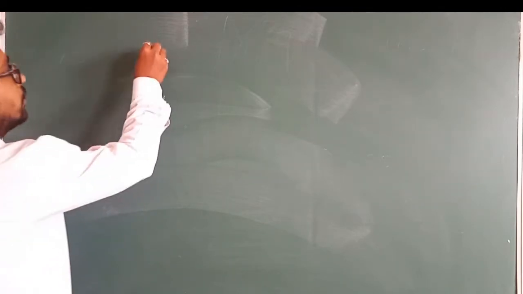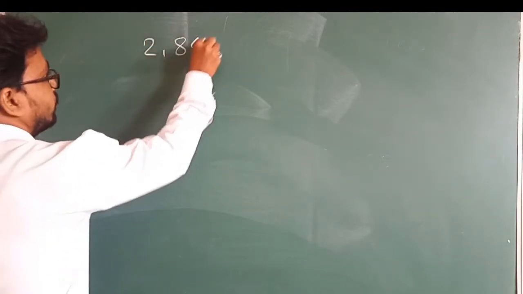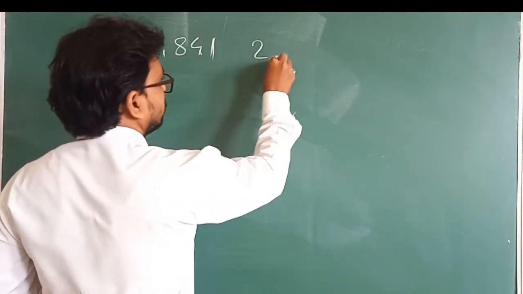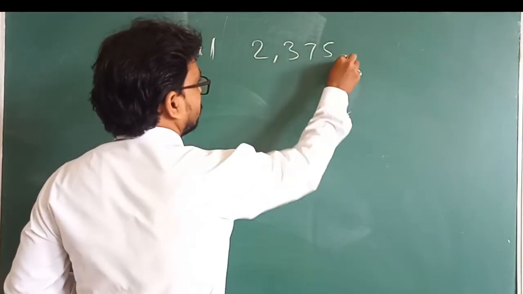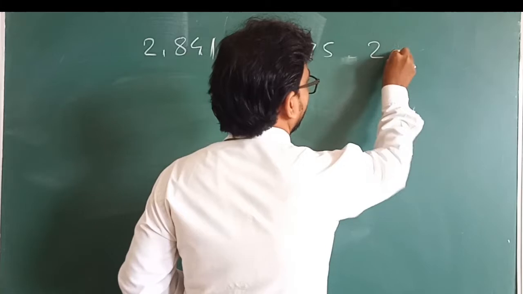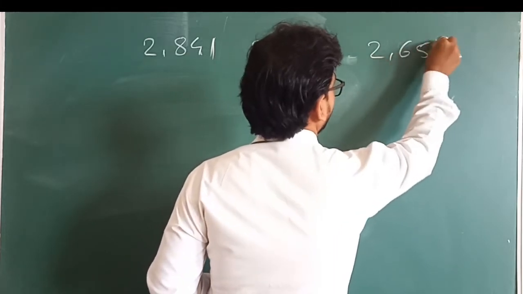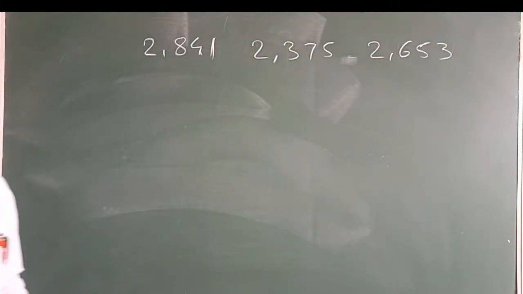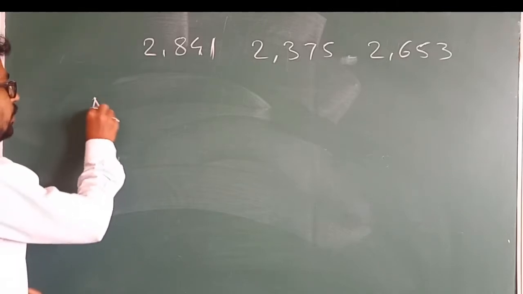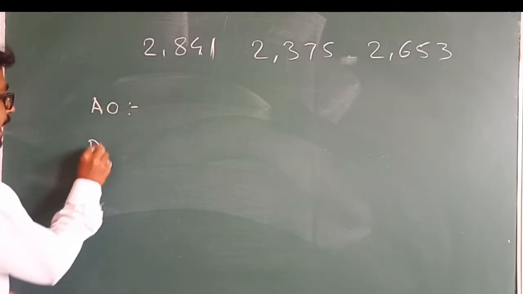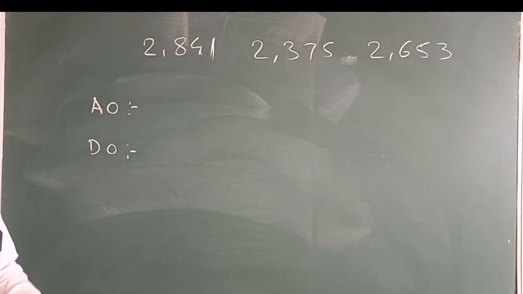Suppose the numbers are these numbers. We have to find ascending order as well as descending order.